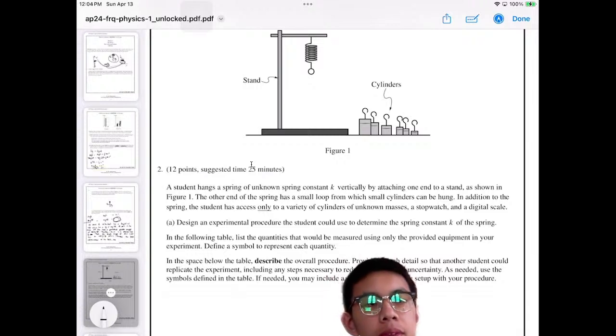Okay, I'm not going to lie, I have looked at this problem before, and I'm thinking right now of an equation that I can use.